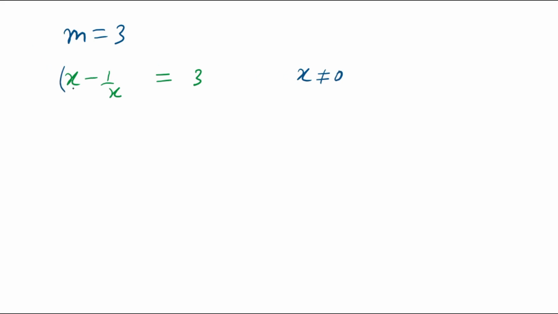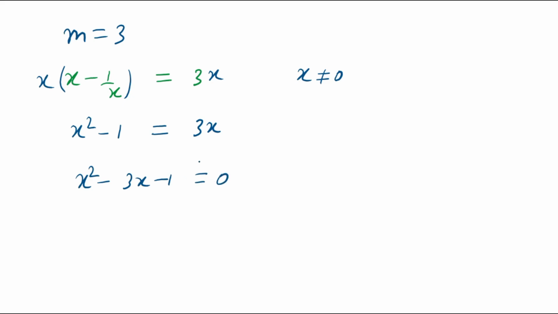Now if we multiply both sides by x, then x times x gives x^2, and x times 1/x gives 1, so x^2 - 1 equals 3x. Now if we take all the expressions to the same side, then x^2 - 3x - 1 = 0.